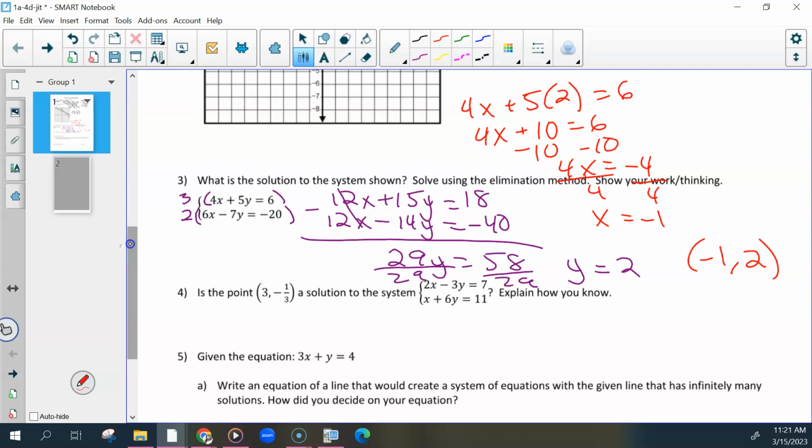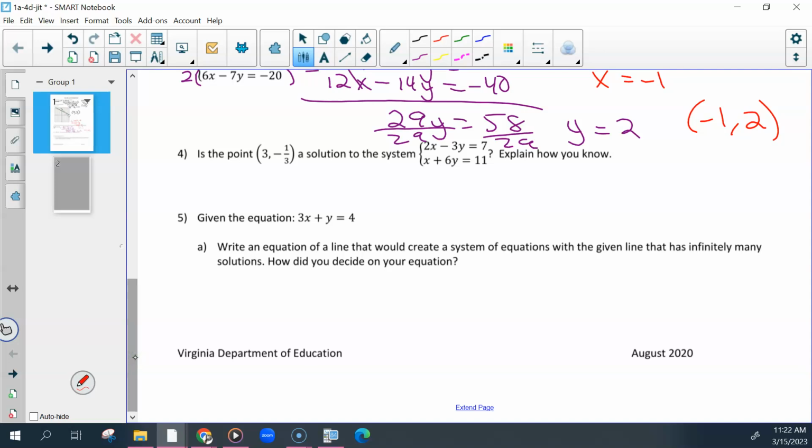Anyone want to do number 4? So number 4 was something we talked about at the beginning, where we have to double check both of these by putting this into both of them to see does it work or does it not. So we would put it into the first one and get 6 plus 1, which does equal 7.